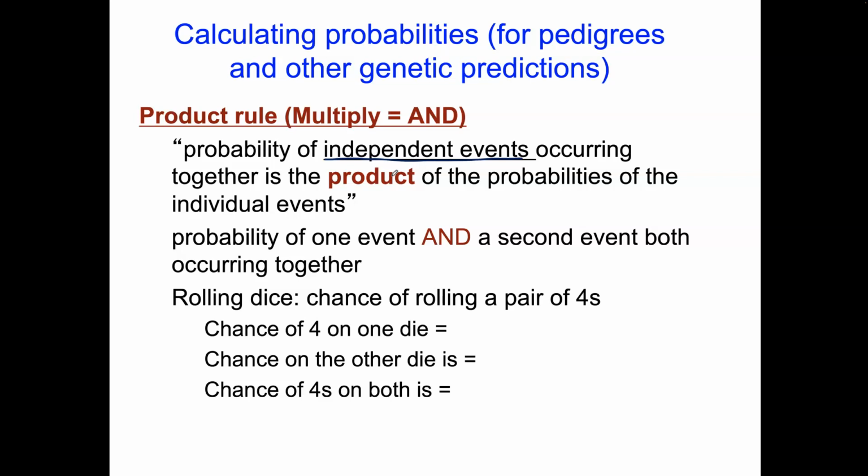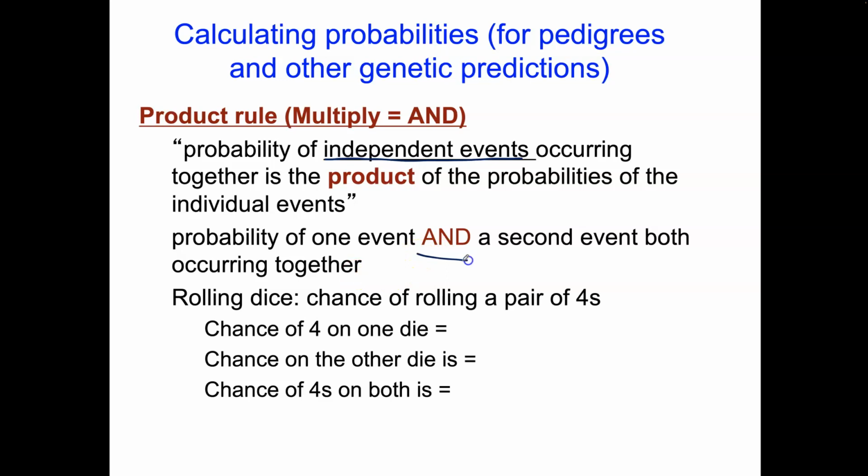Each of the children has their own genes, their own X or Y chromosomes or whatever they are, and so they're independent. They don't depend on what the other event was. Okay, so those are independent.